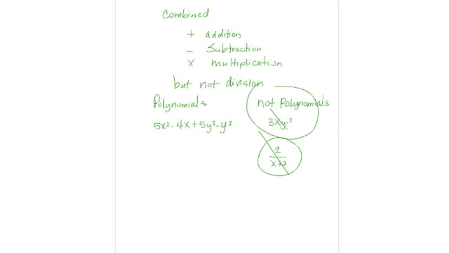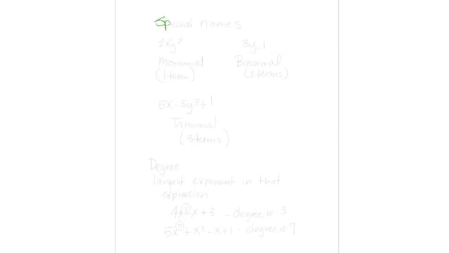There are special names for polynomials with terms like 1 or 2 or 3 terms. There are other names for 4 or 5 or more, but those are not commonly used.